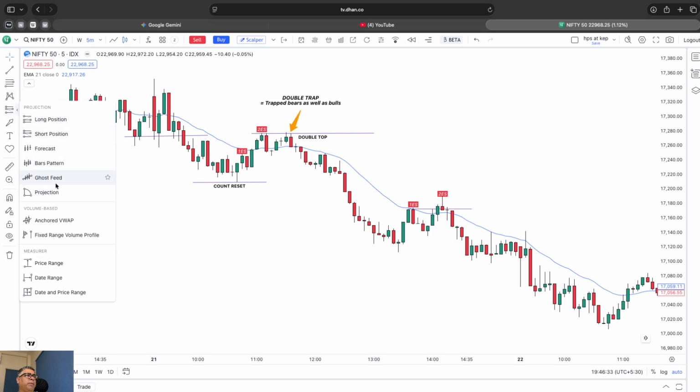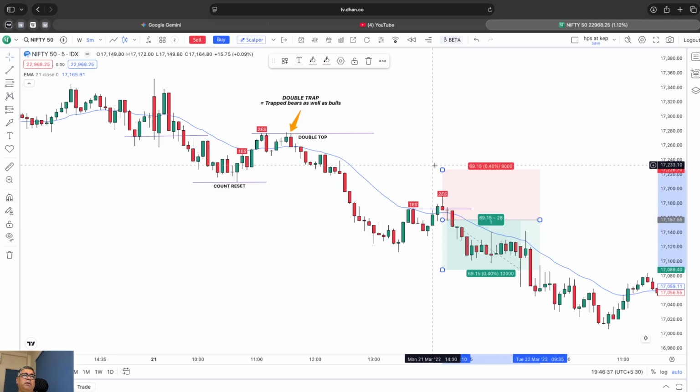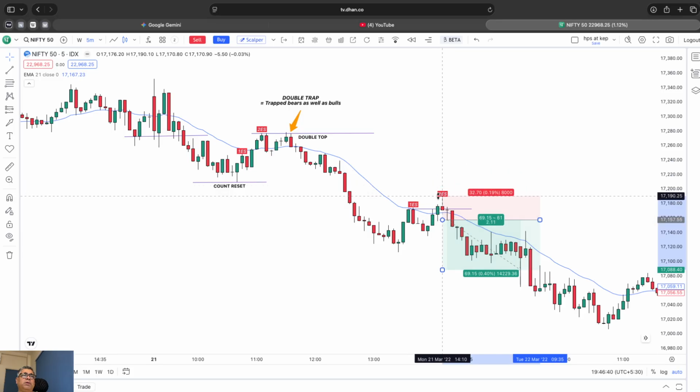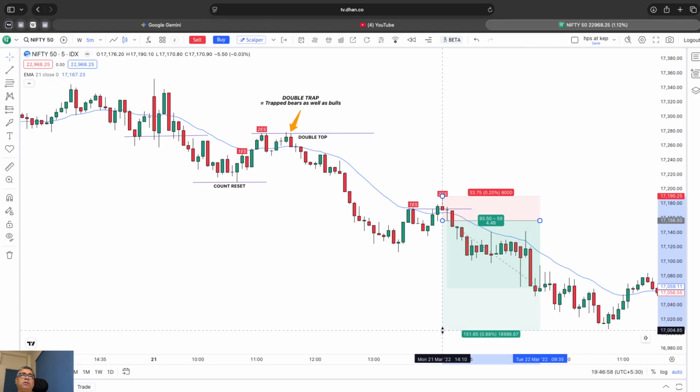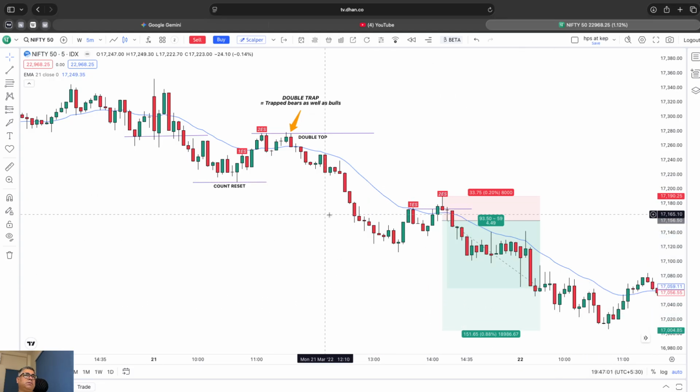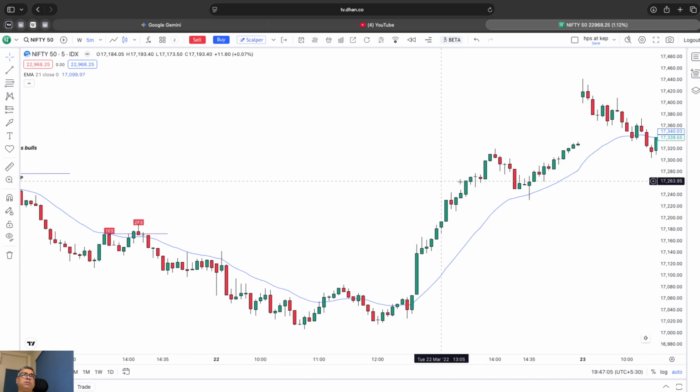So one could have taken this second entry short and entered when the second bar completed, which confirmed the second entry short. The risk was about 34 points, and the reward, if you waited till last, was almost about 150 points, 5 times.